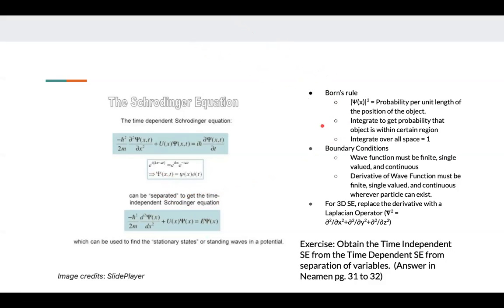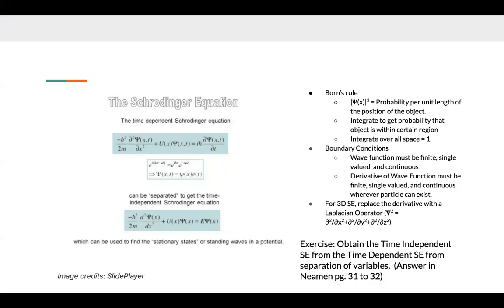All right, and then Born's rule. This is what allows the Schrodinger equation to capture the probabilistic nature of reality. The wave function is a complex function, so when you square it, you multiply it by its complex conjugate.